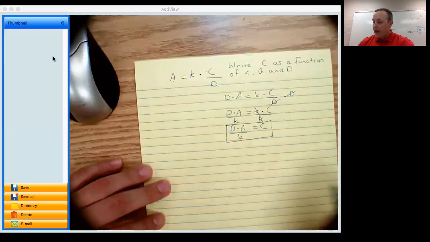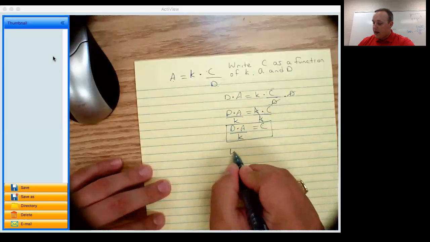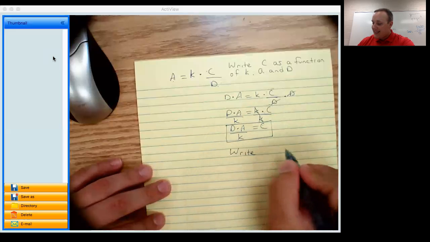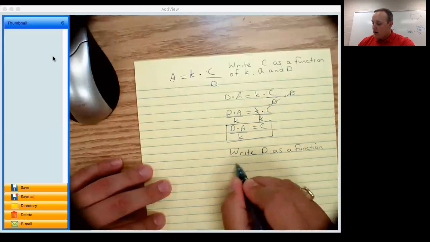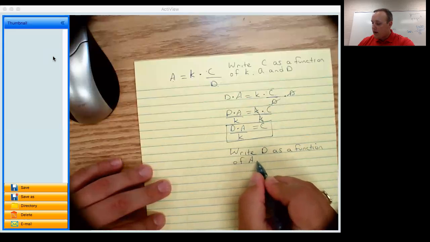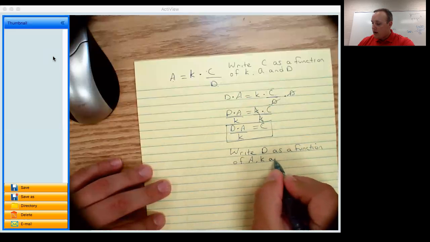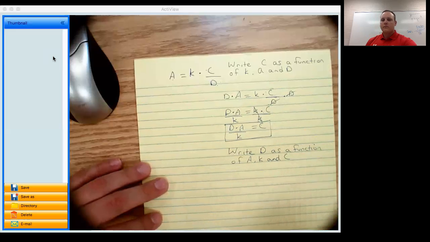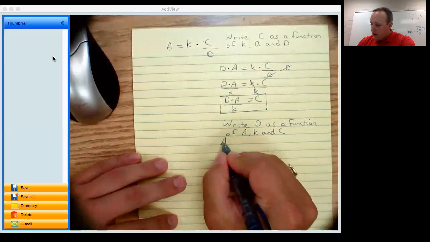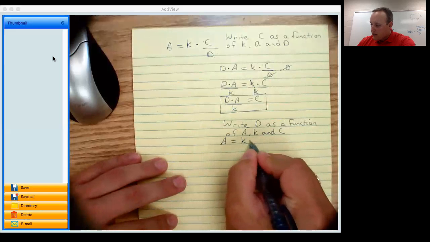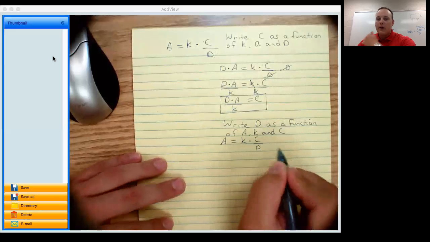All right, so now I'm going to say write D as a function of A, K, and C. So I'm going to copy this problem down. A equals K times C over D. So now I want your help.